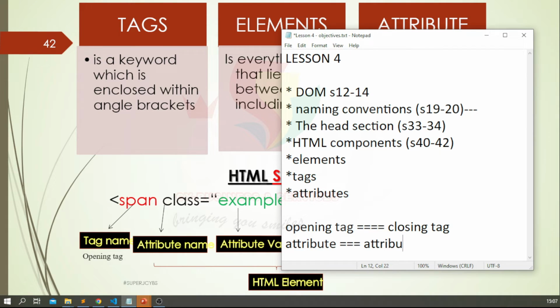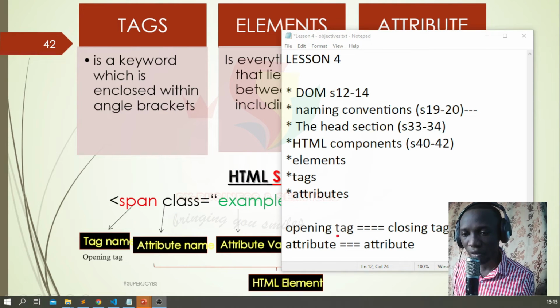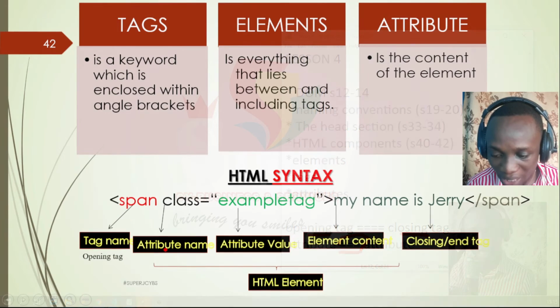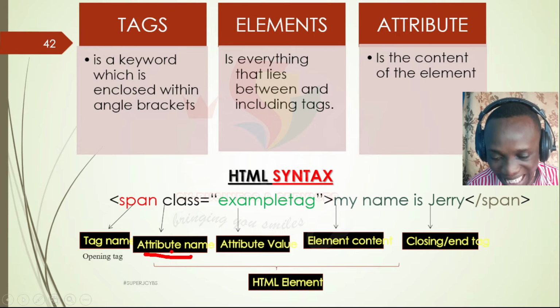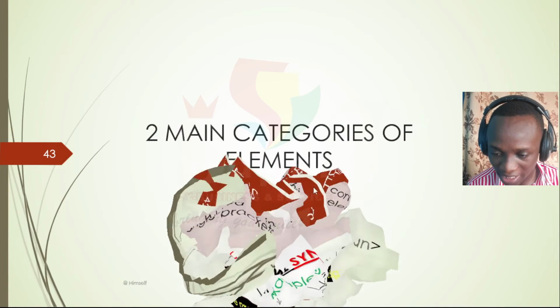So it is describing the element. Everything that we see inside of the opening tag is what we call attributes. And we realize that with the attributes, we also have the name and the value before the element content comes. But anyways, let's just move on. You will understand more of it.